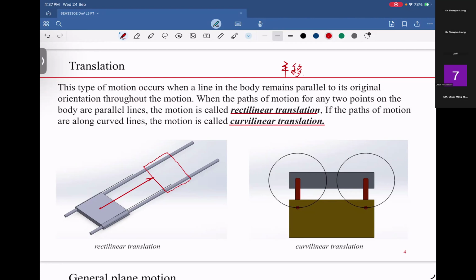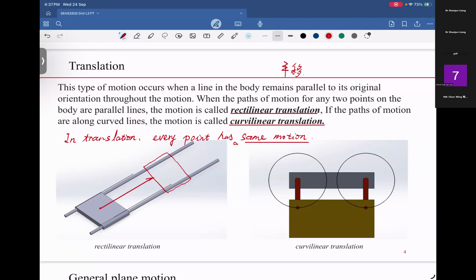The conclusion is that in translation, every point has the same motion. All the particles on the rigid body have the same motion.